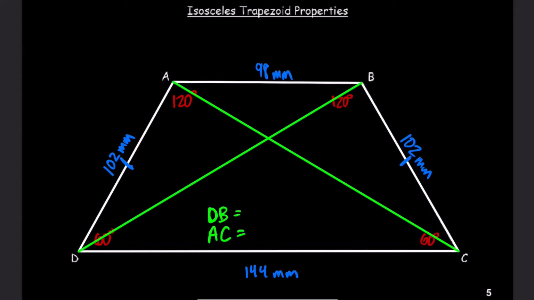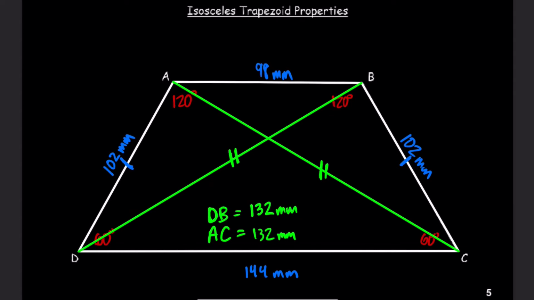All right, so using my straight edge, I'm measuring DB. I got 132 millimeters. I'm going to measure AC, and that's also 132 millimeters. So it turns out that my diagonals are also congruent.